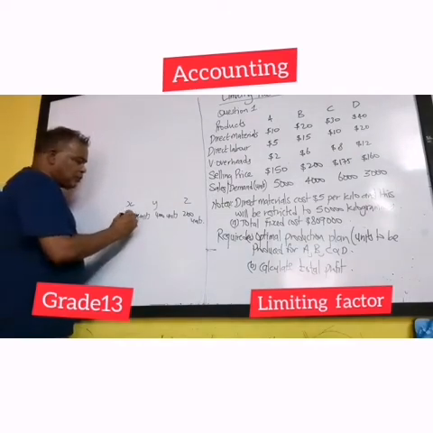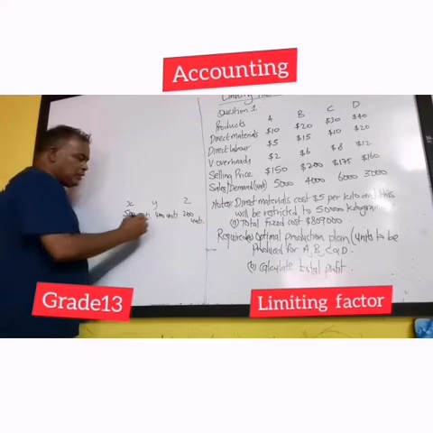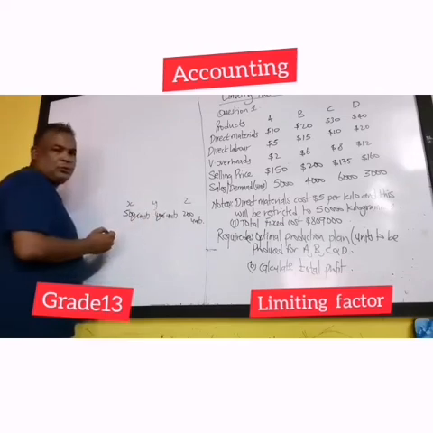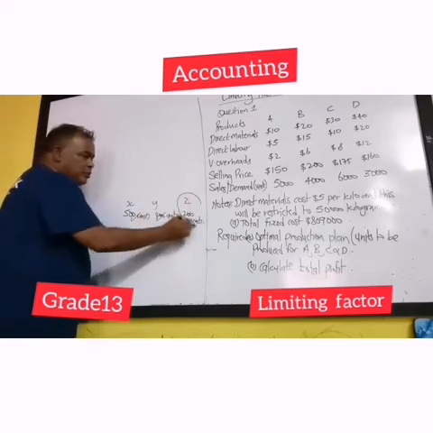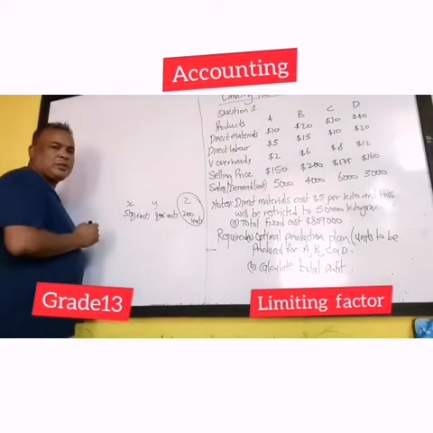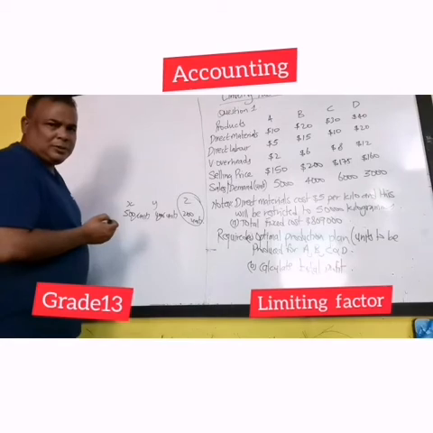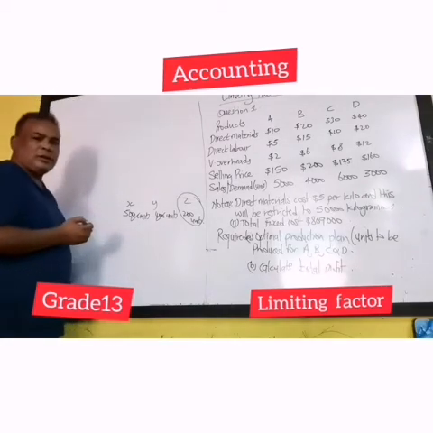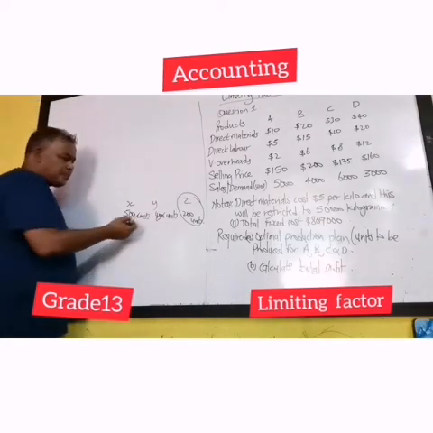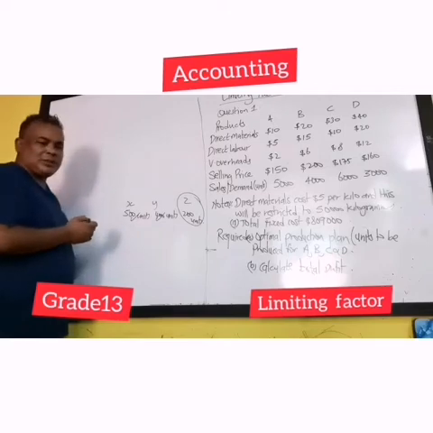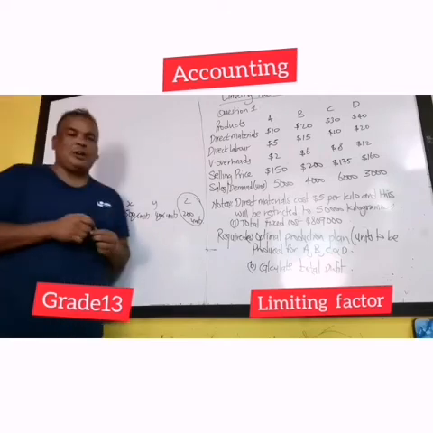Therefore, it can produce 500 units of good X, 400 units of good Y. Maybe it cannot produce good Z because there is a limiting factor. For example, labor hours. Labor cannot work overtime, so it cannot produce to the maximum capacity when there is a limiting factor.